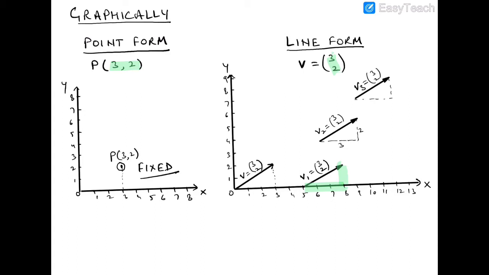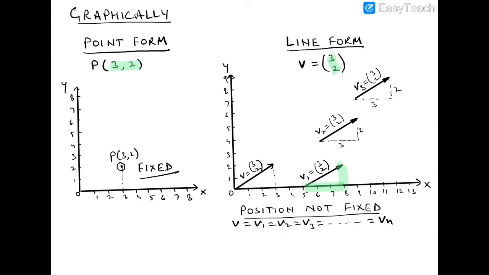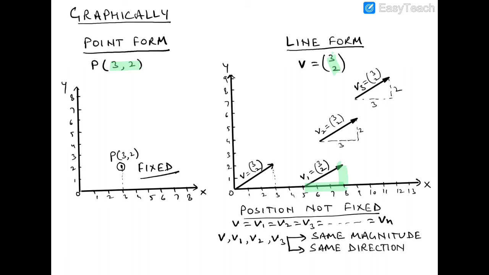Each and every one of these line segments is 3 to the right and 2 up, so position is not fixed in line form. So v equals v1, v2, v3, all are equal. They all have the same magnitude and same direction, or we can say that v1, v2, v3 up to vn are all parallel to each other.